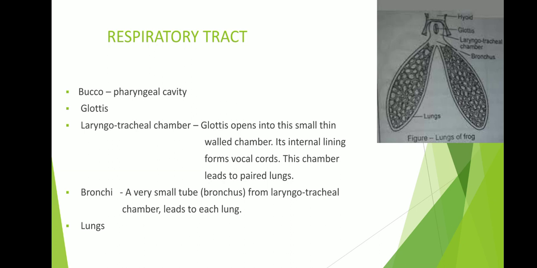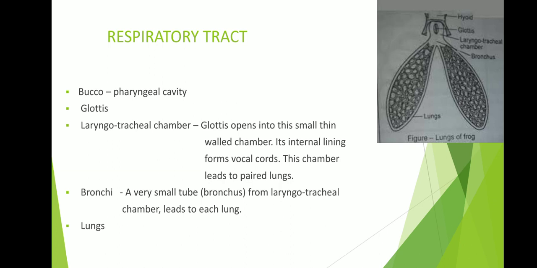So the larynx is known as voice box. That's why this larynx is also known as voice box. How do these vocal cords produce that sound? When air from the lungs is forced out between the vocal cords, they start vibrating. That vibration makes that characteristic croaking sound.